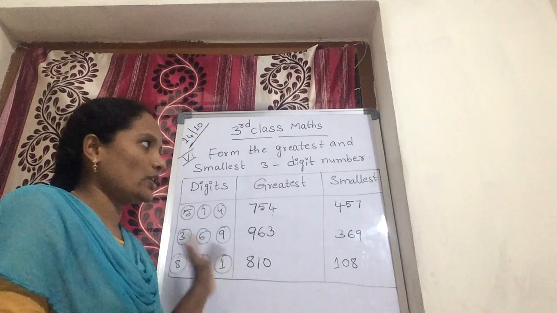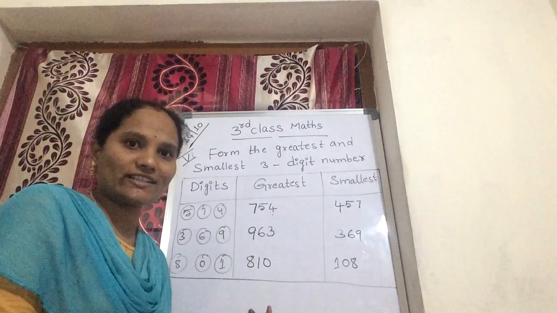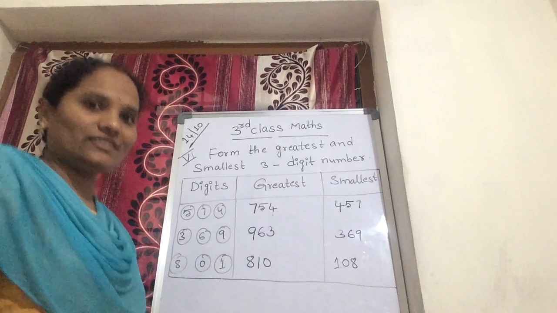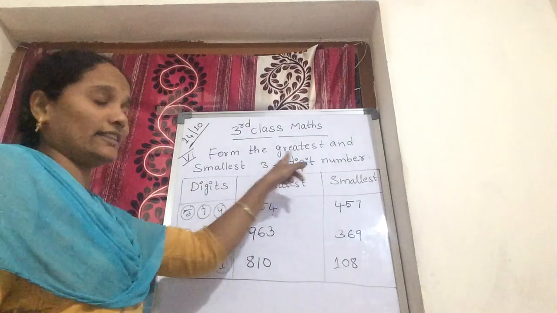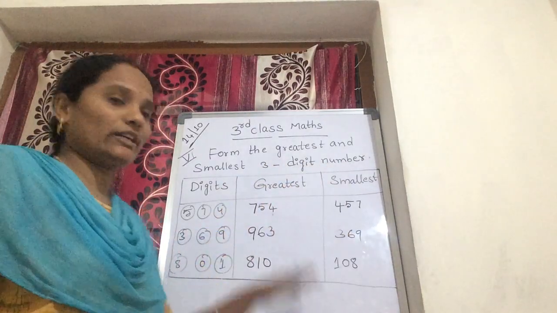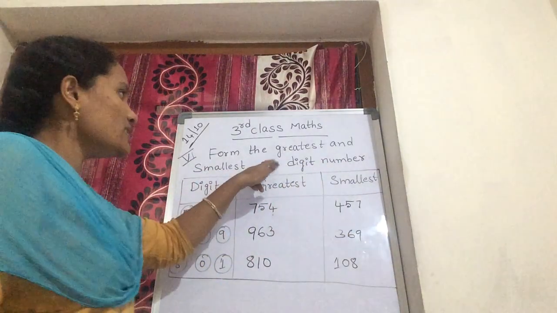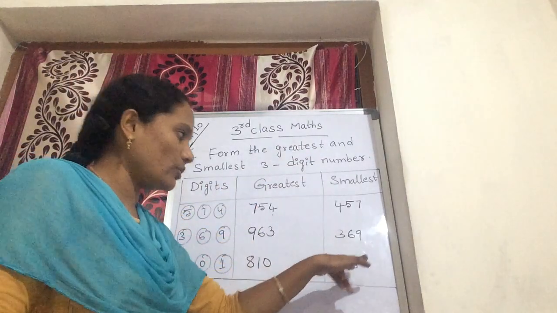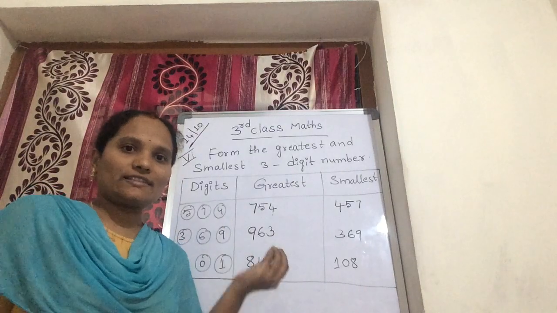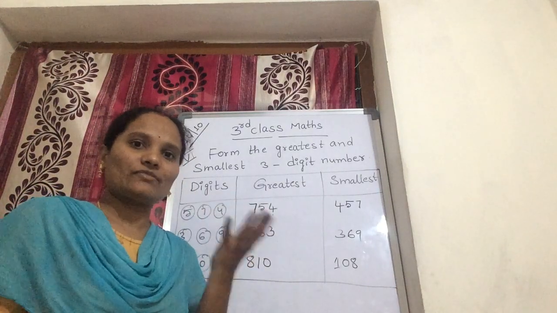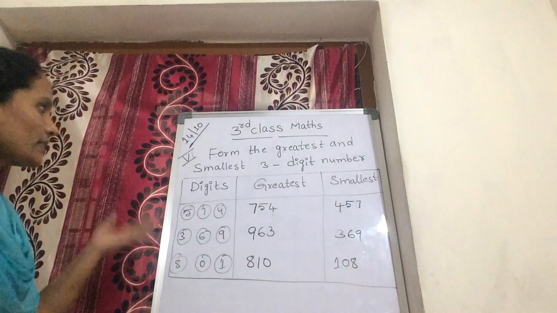You got it? How to write a greatest number and a smallest number? Okay. Don't write 0 first, because here you are not mentioning a 3-digit number. You could write 0 first otherwise. But here I am especially mentioning a 3-digit number. That's why you don't write 0 first, because a leading 0 is not valued, that is not considered. Okay. Write down the numbers.